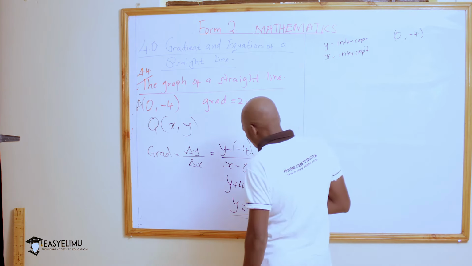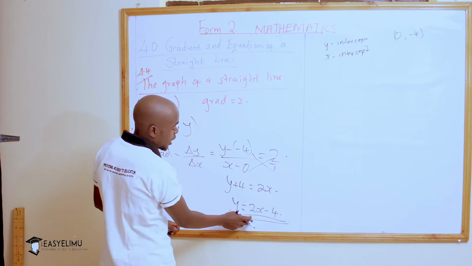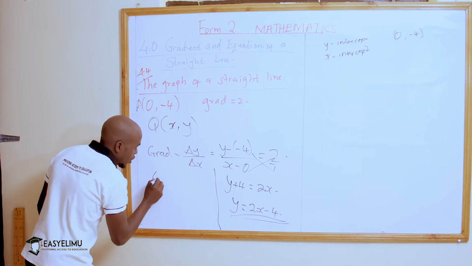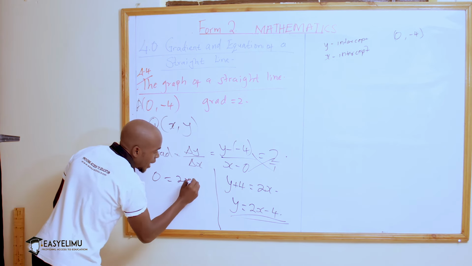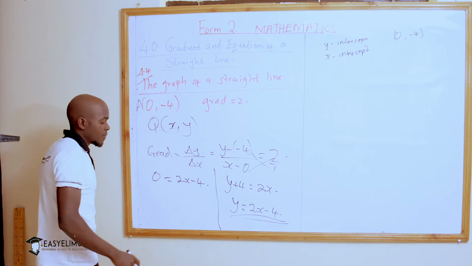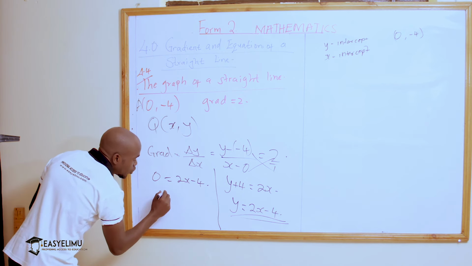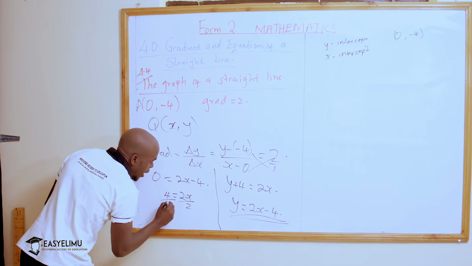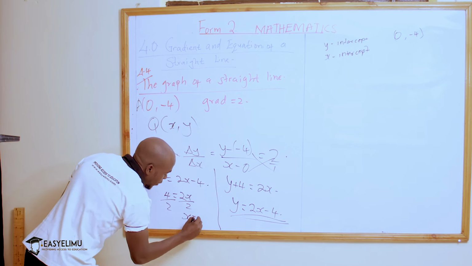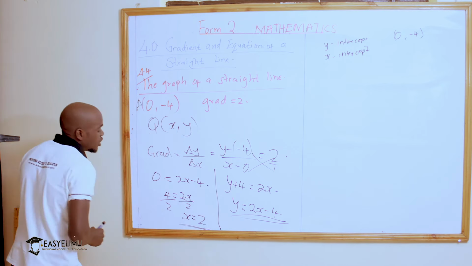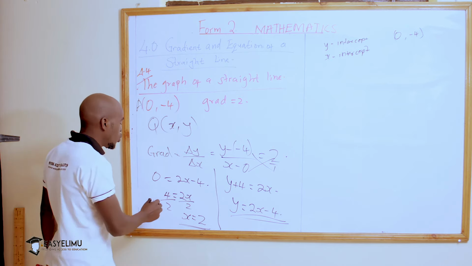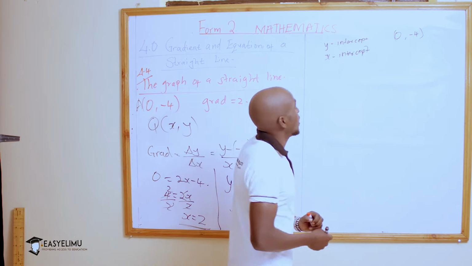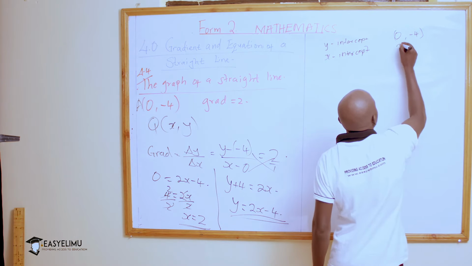The x-intercept should be found from this equation, in that you replace y with 0 and find out what x is. So you are going to have 4 equals 2x. If you divide by 2 to find the value of x, you are going to find that x is equal to 2, since that is the x-intercept.